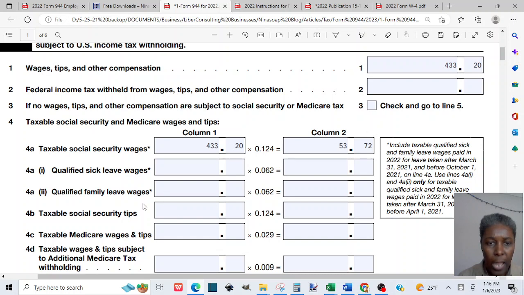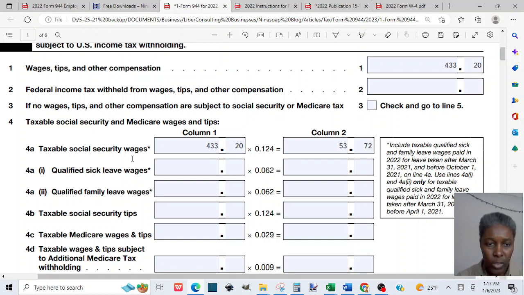Okay, and you have to enter things in a way that your line 1 and the social security and all of that reconcile well, because the IRS will compare your W-2 that you submitted to the Social Security Administration to your Form 944, to make sure the total wages you reported on line 1 match your total W-2s and the total Social Security matches as well.